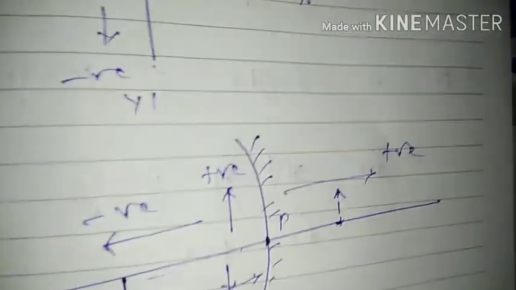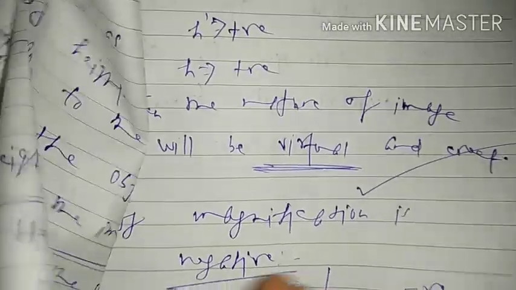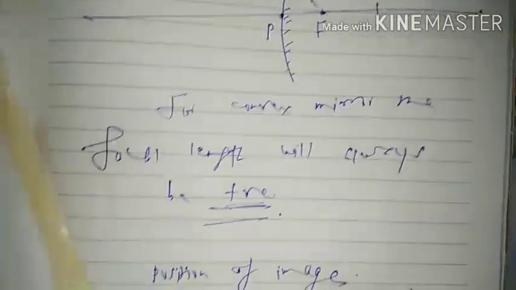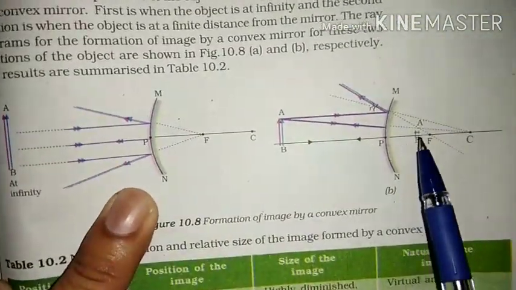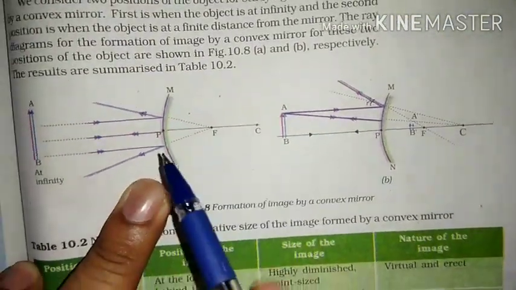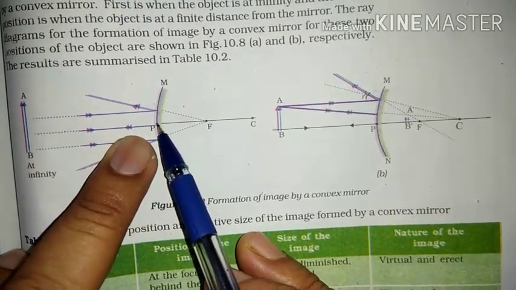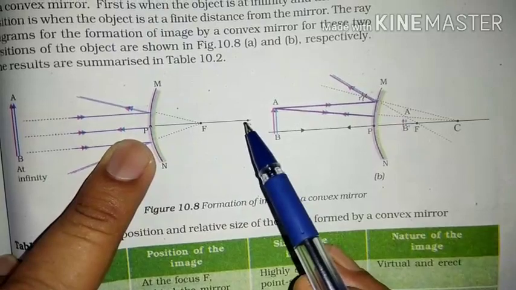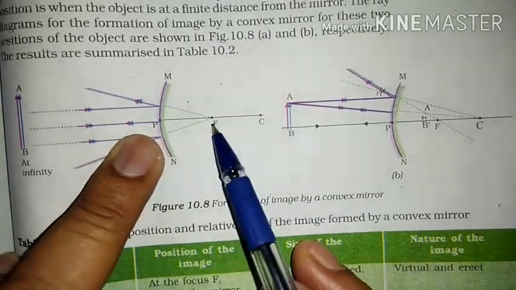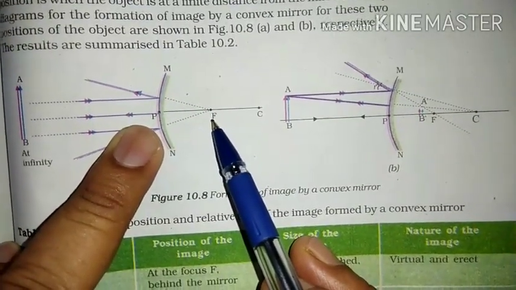But in the last class, what had we seen? We had seen the image formation by convex mirror. See here, for convex mirror, these are 2 conditions. In convex mirror, images are always formed to the right of the pole, so image distance will always be positive.